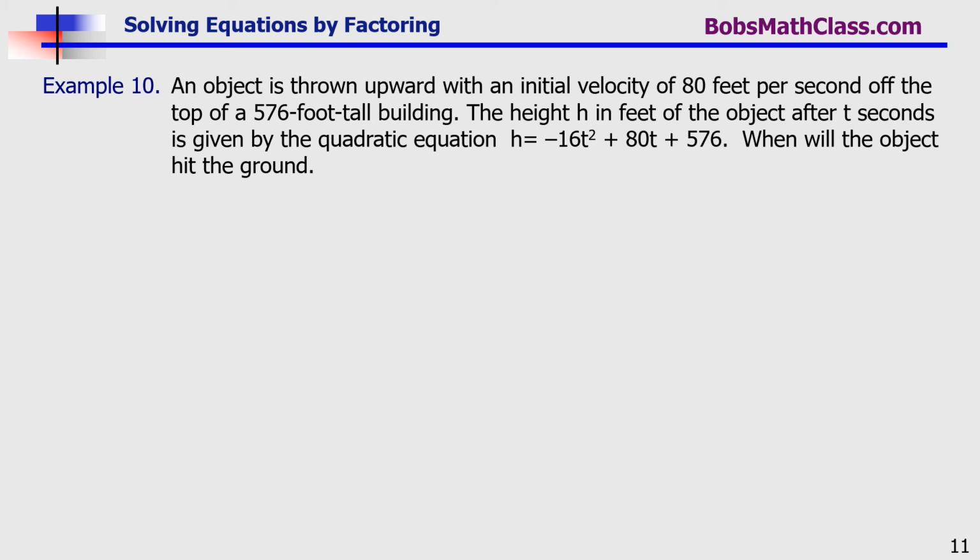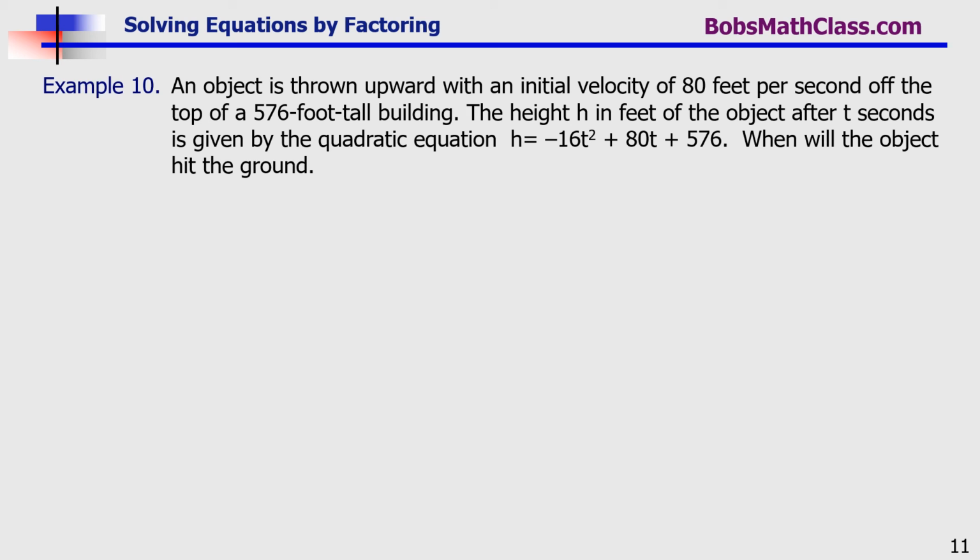The height h in feet of the object after t seconds, so t stands for seconds, it's our time, is given by the quadratic equation h equals -16t squared plus 80t plus 576. When will the object hit the ground? Should be a question mark. Okay. So we have an equation, and we want to know when is it going to hit the ground.